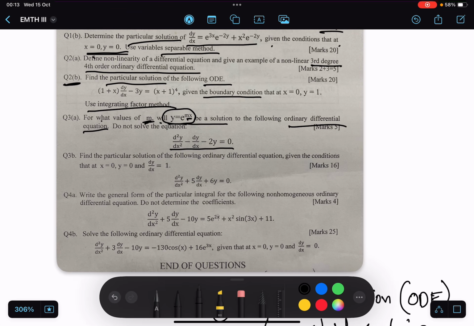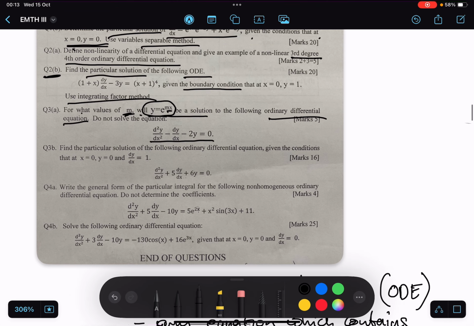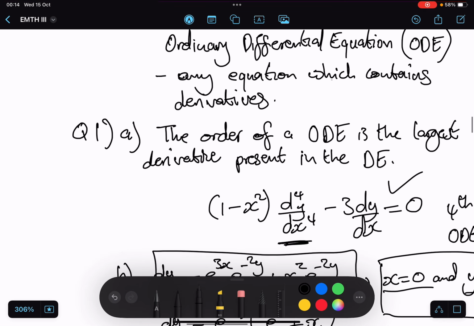So what we are going to do here, we are going to take this trivial solution, y is equal to e to the power mx. We're going to differentiate it twice and substitute it here and here and here and find the values of m.